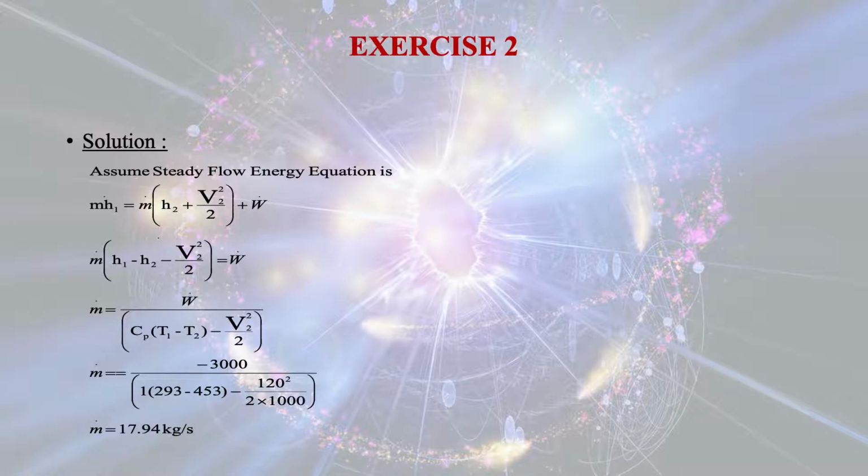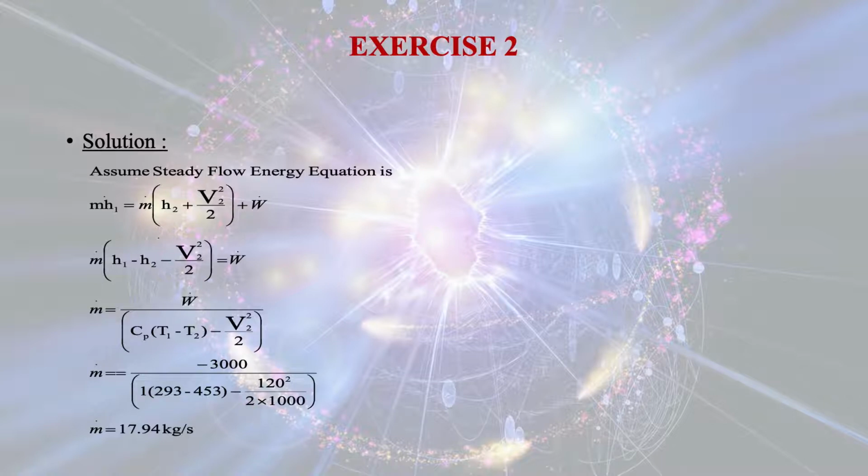So m dot is equal to W dot divided by Cp within bracket (T1 minus T2) minus V2 square by 2, because H1 minus H2 is equal to Cp within bracket (T1 minus T2).